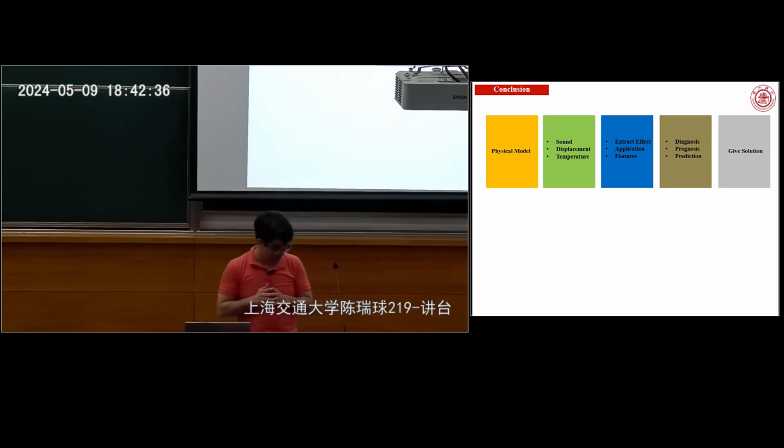In conclusion, I drew some blocks about the procedures of the experimental method and data mining. Firstly, you have to know the physical model. After that, you have to detect what you want, which variables are important for you, like sound, displacement, temperature, and after that, extracting effects or feature selection is very important.